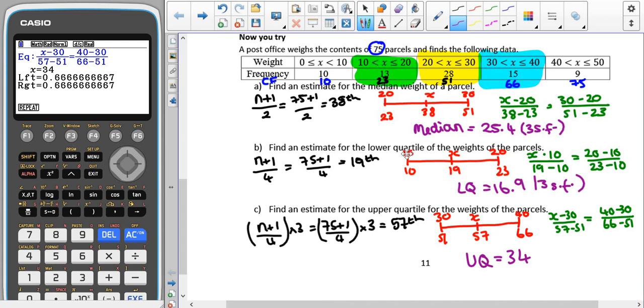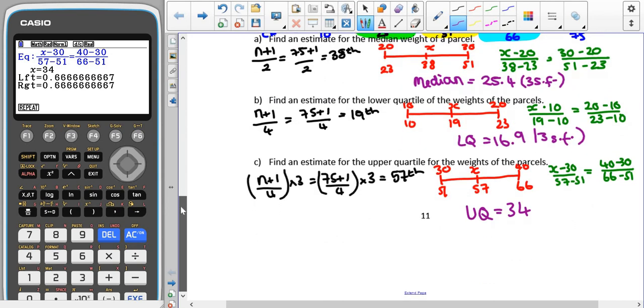So that interval starts at 10, ends at 20, and somewhere in there is our lower quartile. We start off with 10 pieces of data, we end up with 23 pieces of data, and I'm looking for the 19th piece of data. Then we create our fractions and we end up with 16.9 to 3 significant figures when we put it into the equation solver part of our calculator.